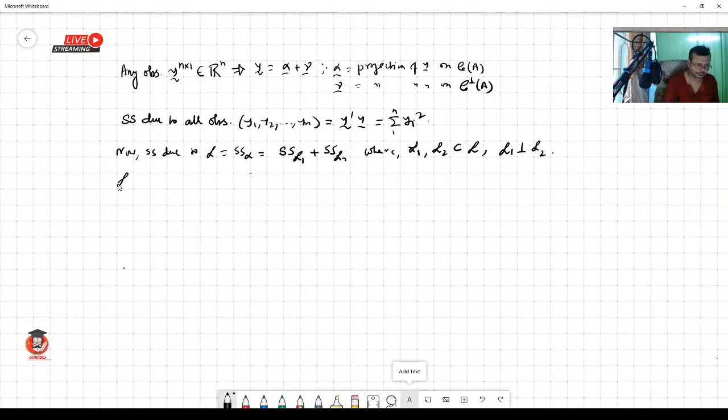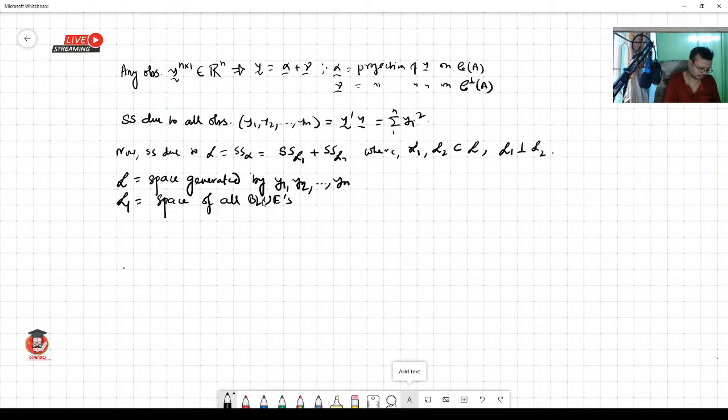Script L is the space generated by y1, y2, yn, script L1 is the space of all BLUEs, and script L2 is the error space.